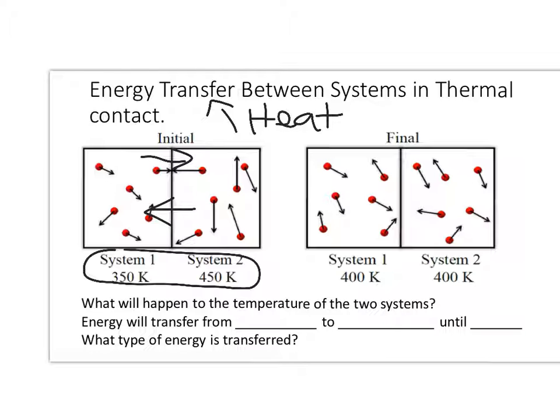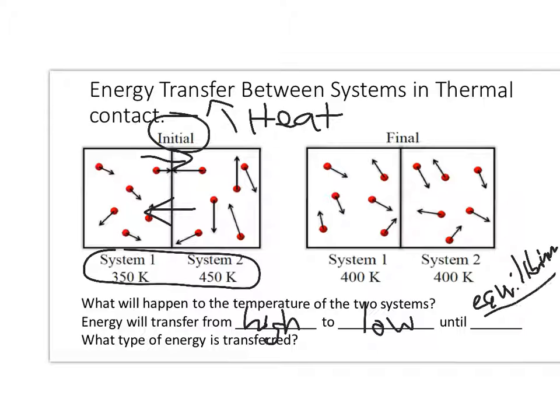So what's going to happen, right? So here's the initial, the before. Energy will transfer from high temperature to low temperature until equilibrium. And apologize for my writing. That's equilibrium right there, you guys. Okay, till equilibrium is reached.